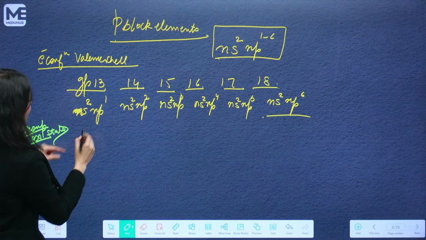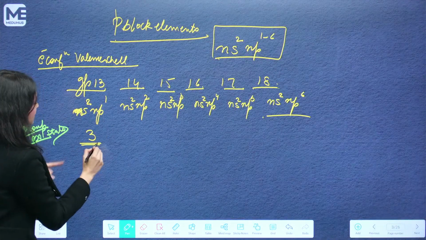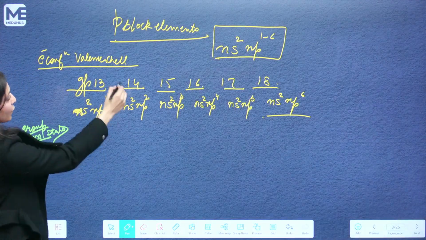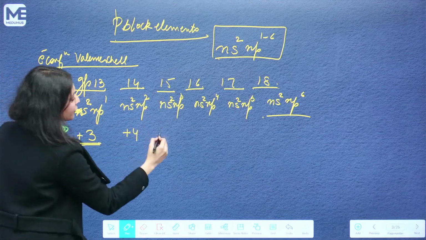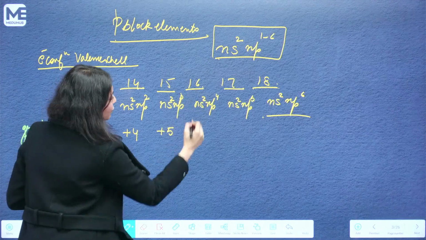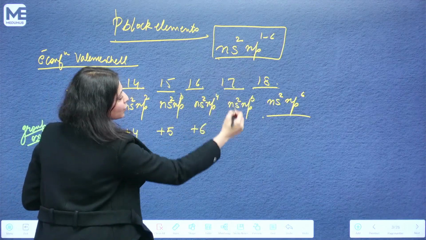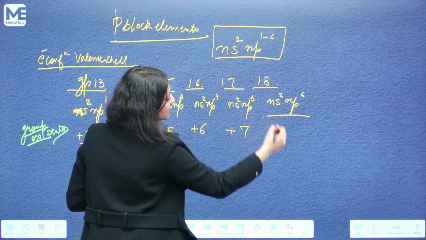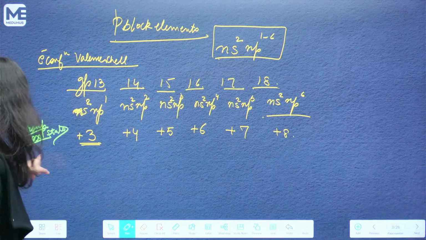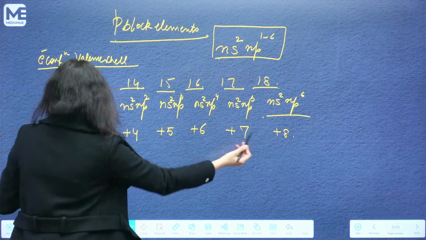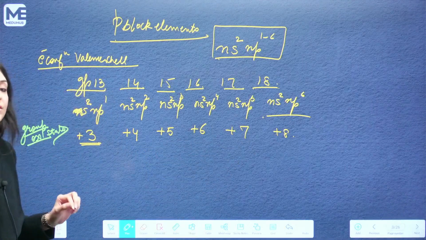So for group 13, the group oxidation state will be +3. For group 14, add up the 2 electrons here, so it will be +4. For 15, it will be +5. For 16, +6. For group 17, +7 and this is +8. So the most common oxidation states would be 3, 4, 5, 6, 7 and 8. This is called the group oxidation state.